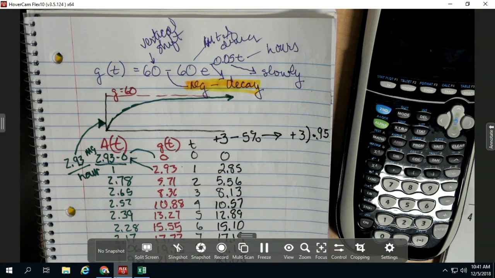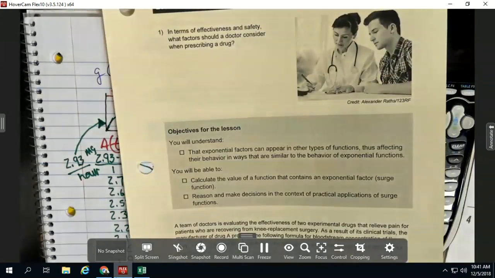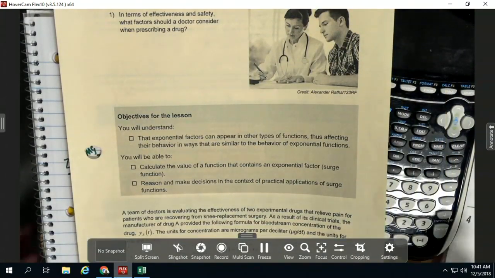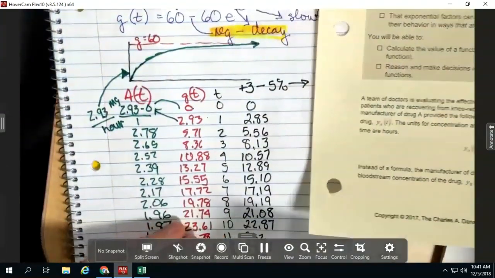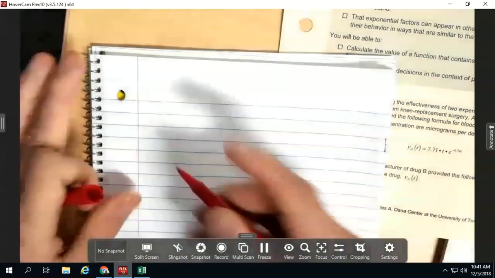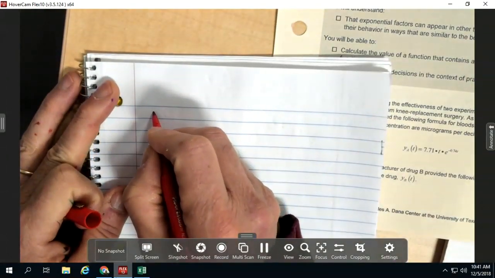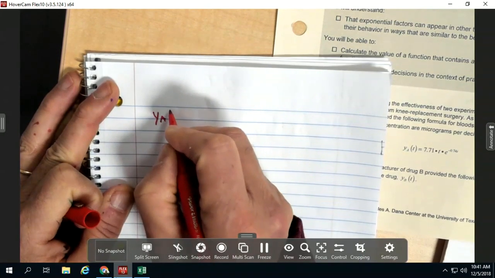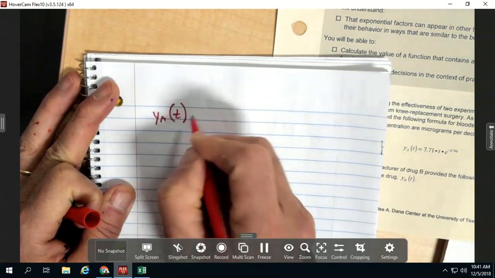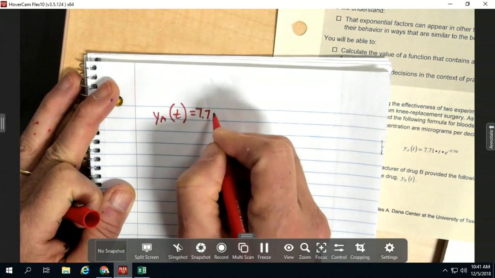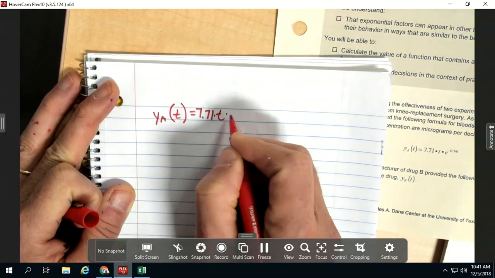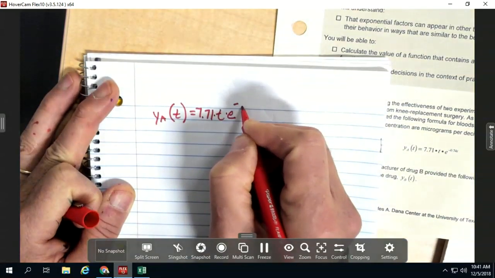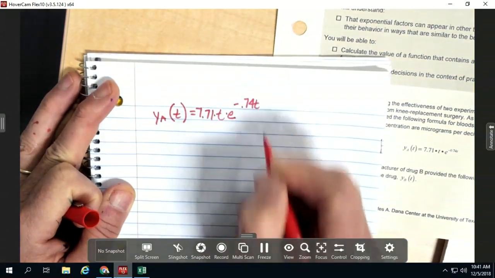A team of doctors is evaluating the effectiveness of 2 experimental drugs as a result of clinical trials. Here are the 2 things that we're going to compare. We're going to compare y of a as a function of time is 7.71 times t times e to the negative 0.74 t.